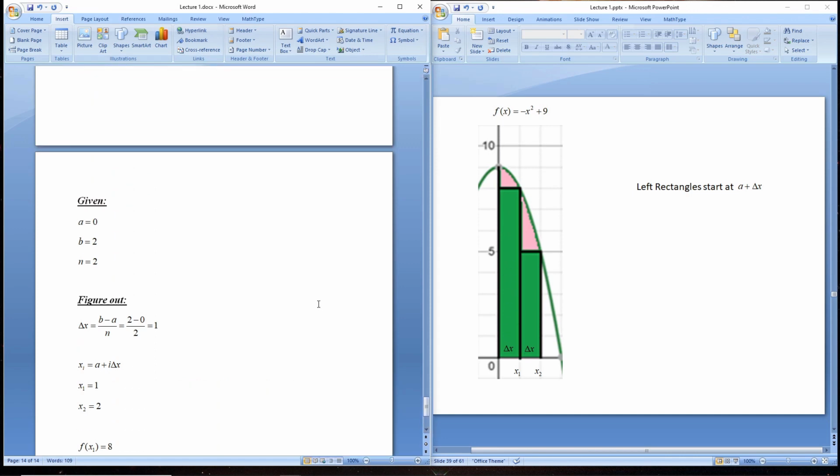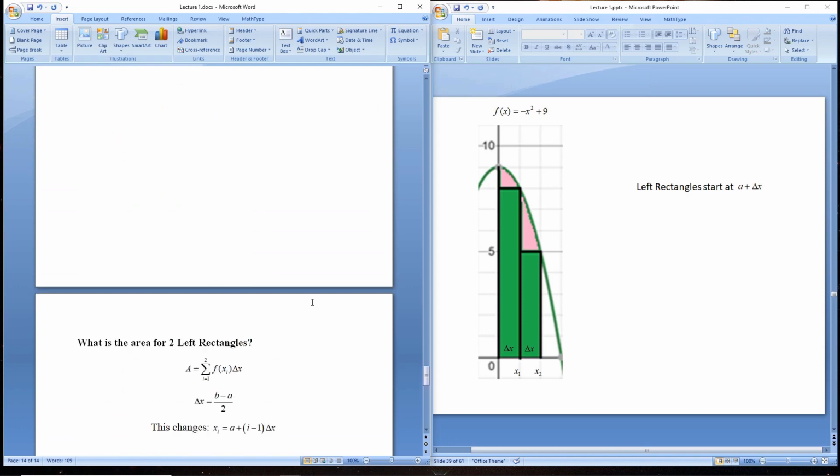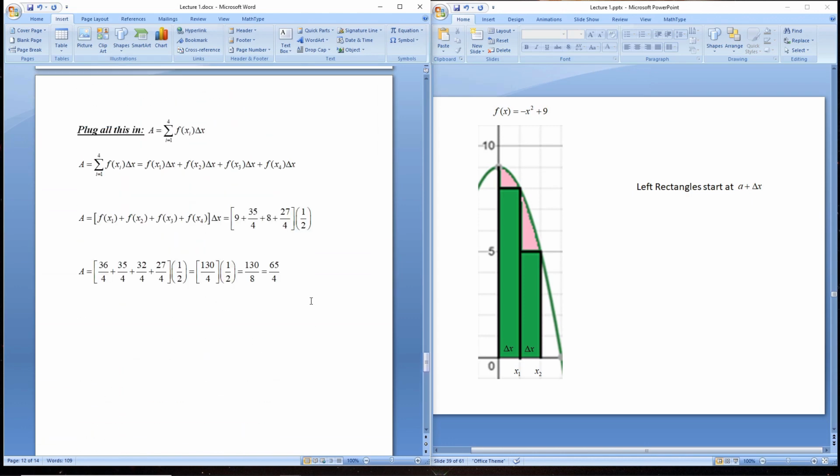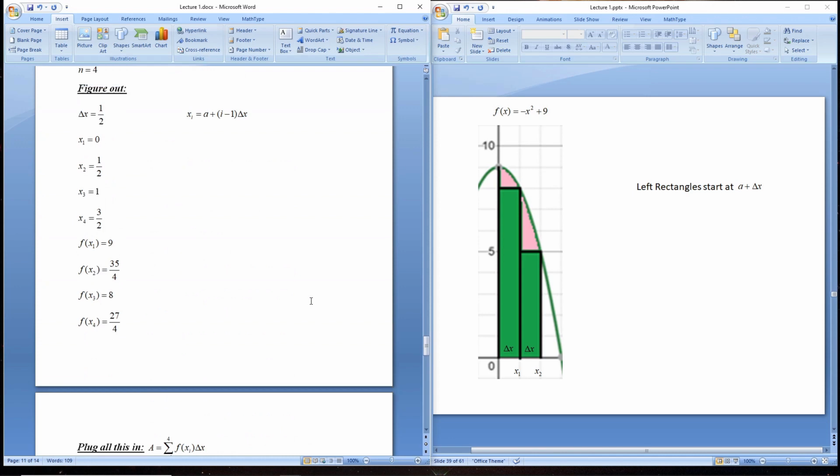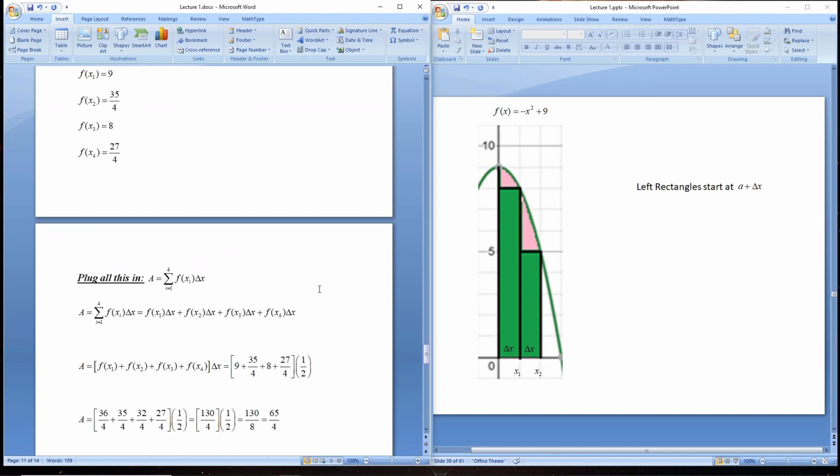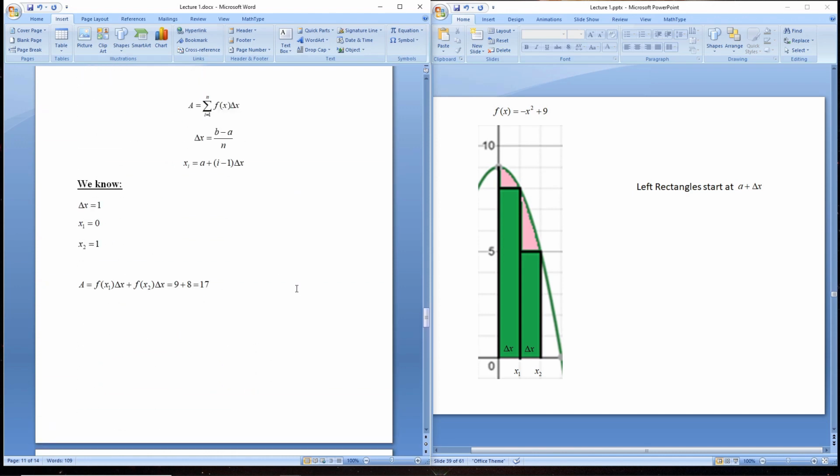Recall for the right rectangles, for 2 rectangles I should say, we ended up getting 17. So 4 units higher, because the right rectangles gave us the overestimate.